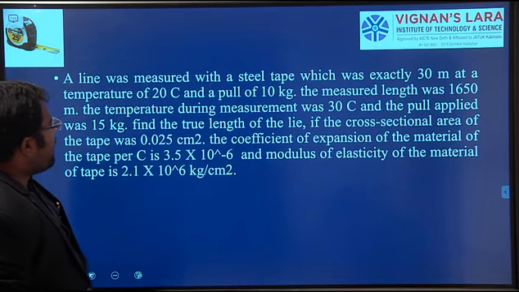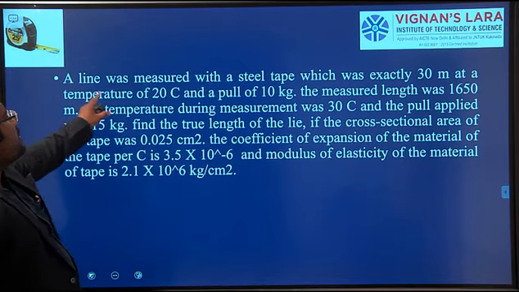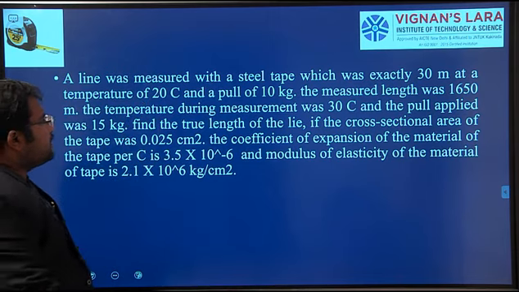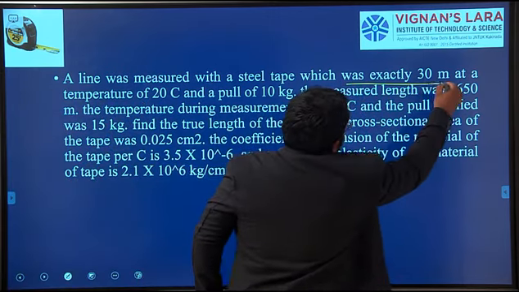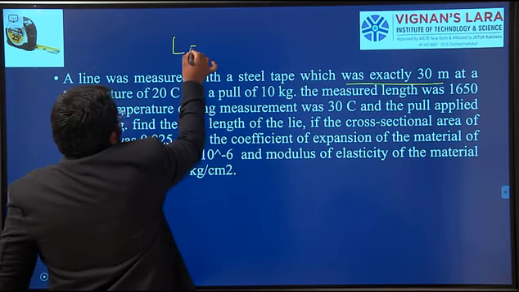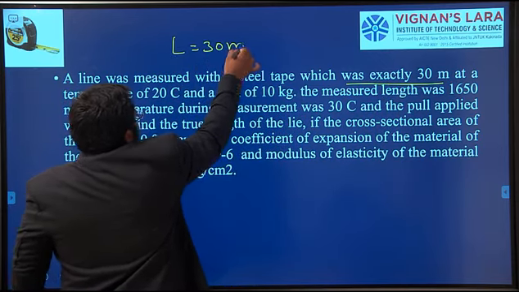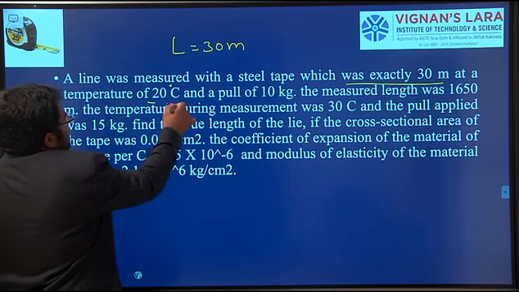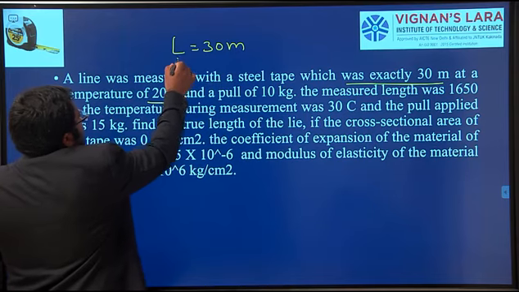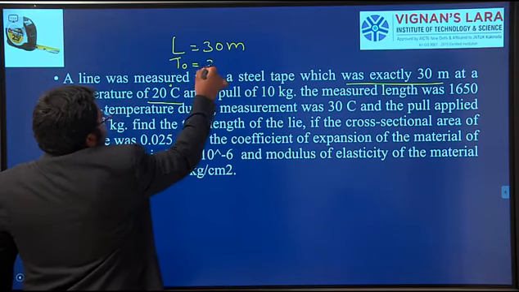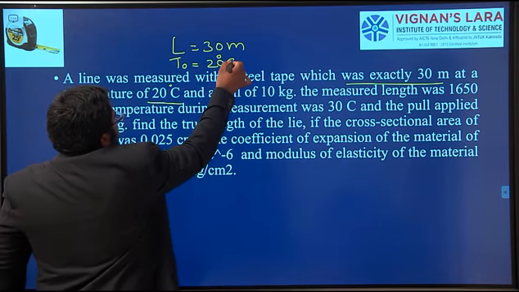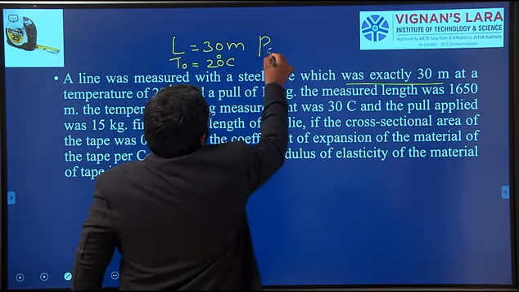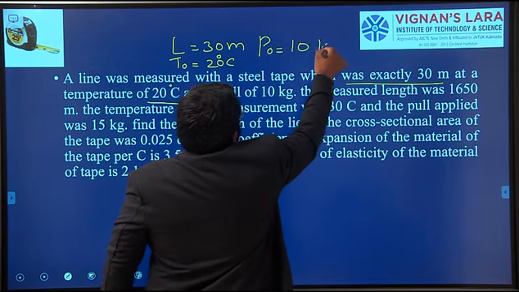The problem is given like this. A line was measured with a steel tape which was exactly 30 meters. That means L equals 30 meters, at a temperature of 20 degrees centigrade, that means T naught equals 20 degrees Celsius, at a pull of 10 kg, P naught equals 10 kg.